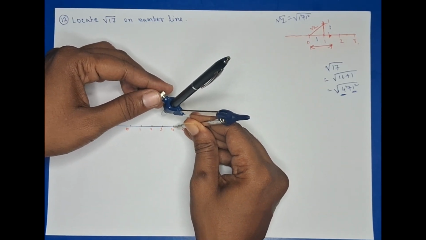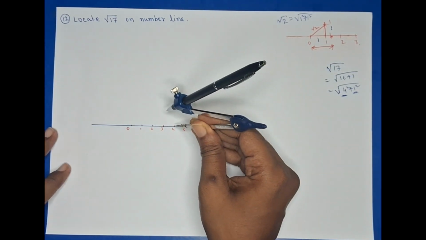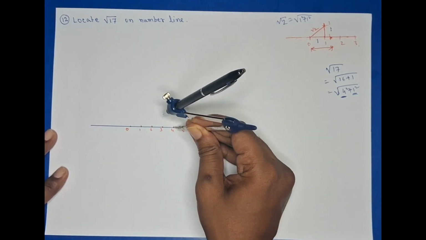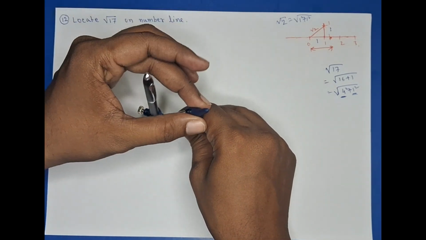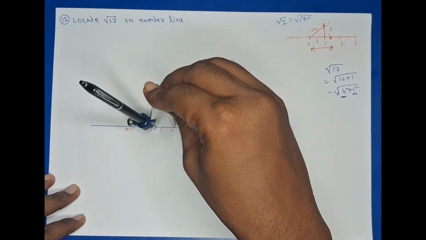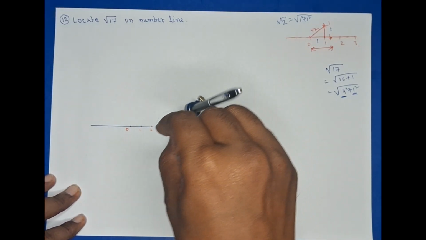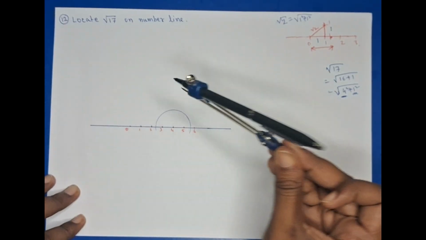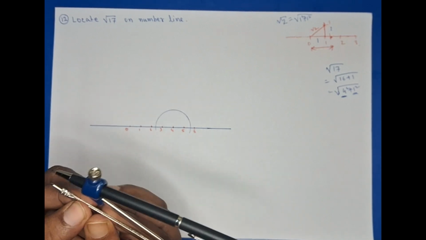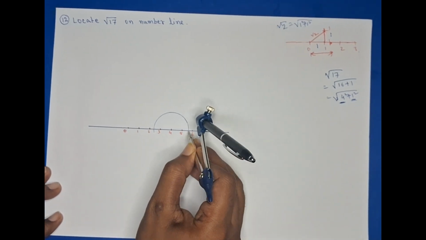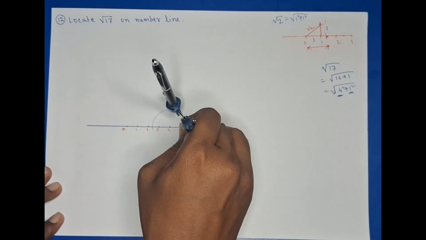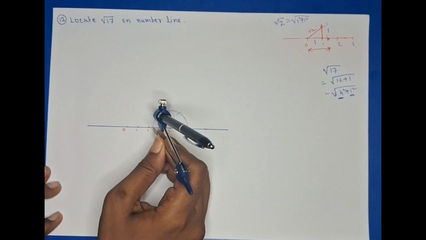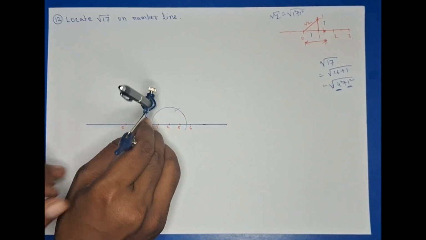We are taking a compass. We are putting this pointed end on the point 4. Now taking this, I put this point here and cut an arc here, and I put the point here and cut the circle.